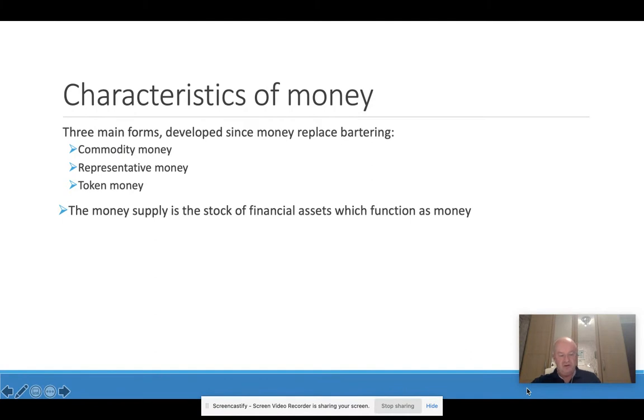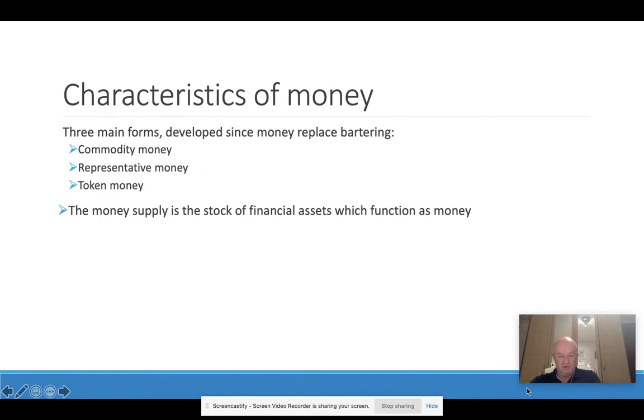In terms of the characteristics of money, 3 main forms. As I mentioned before, prior to us having money and using money as we do these days, the process was very much a case of bartering, so swapping one set of goods for somebody else's set of goods and making a reasonable swap.